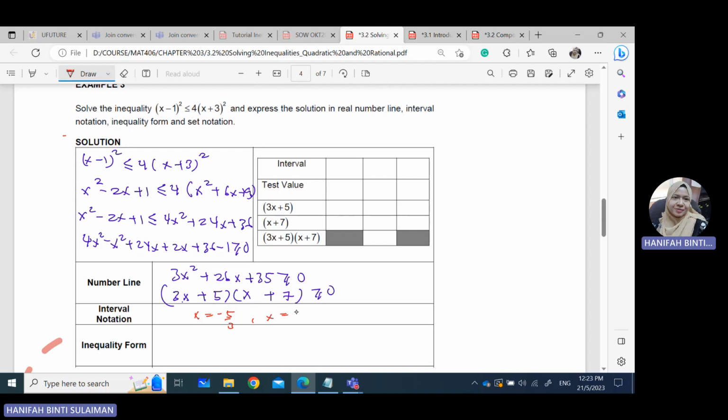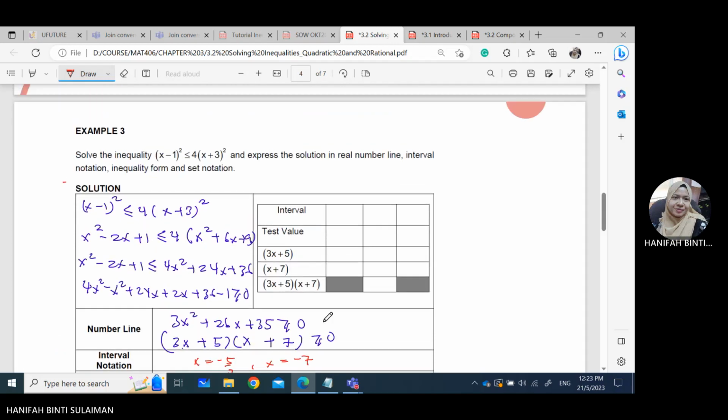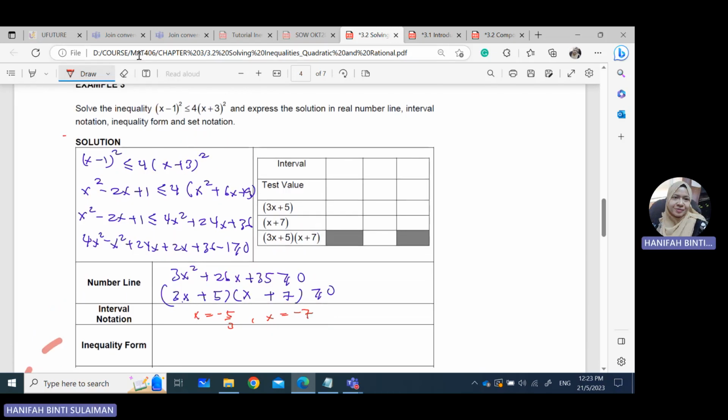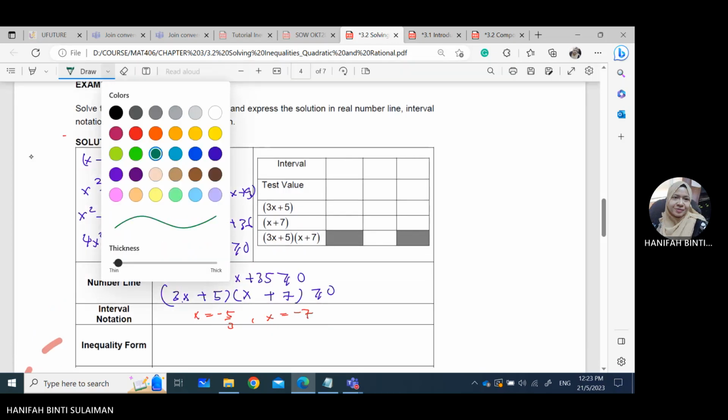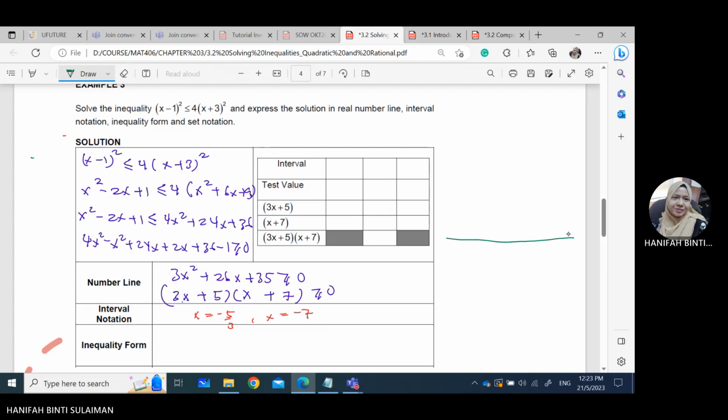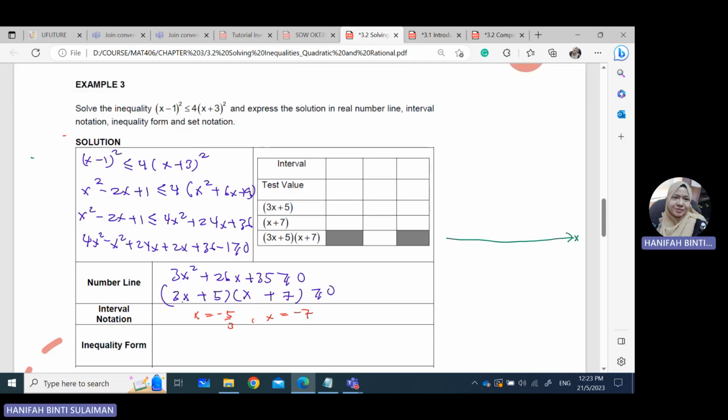And x it is equivalent with negative 7. So kalau dalam number line, x values, 7, 0.6.